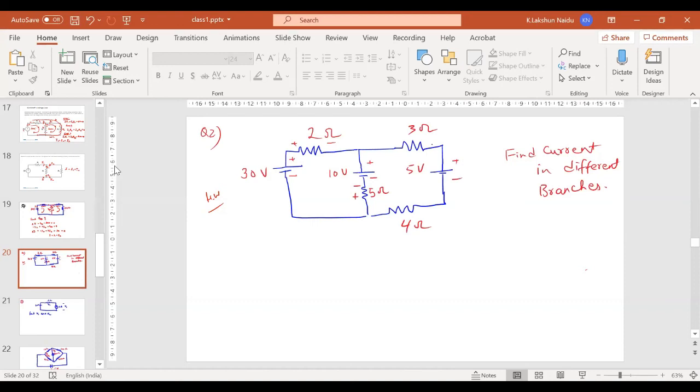Okay, since current will flow, sorry, this will be the direction. Okay, so you can try to solve. If the direction of the current is like this, then you have plus minus.